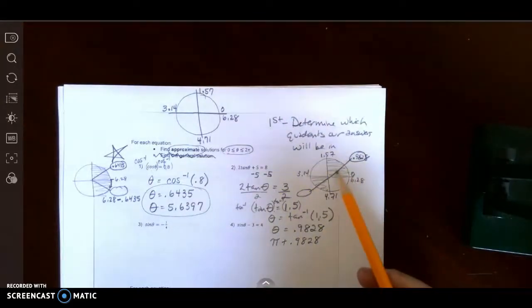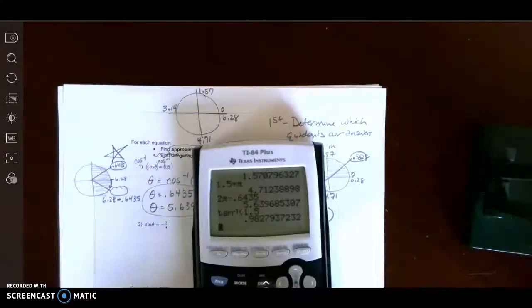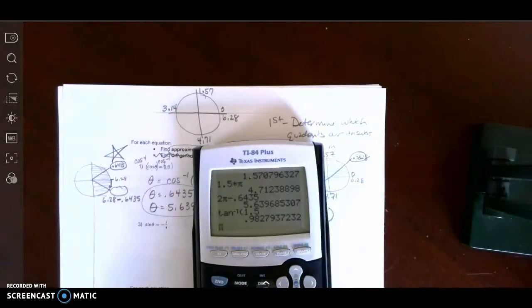Because I went across a straight line, that's adding pi. So pi plus 0.9828 is 4.1244.